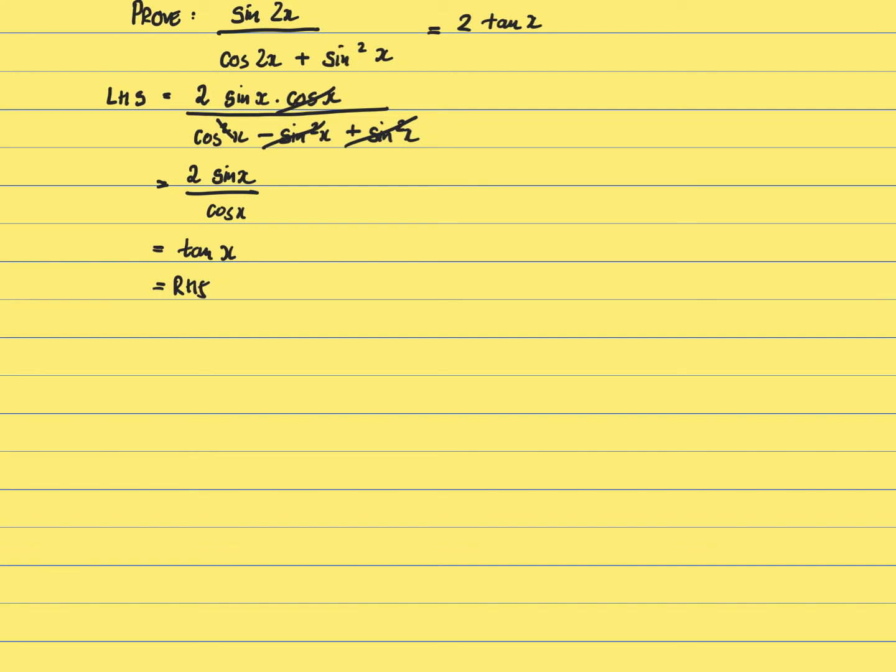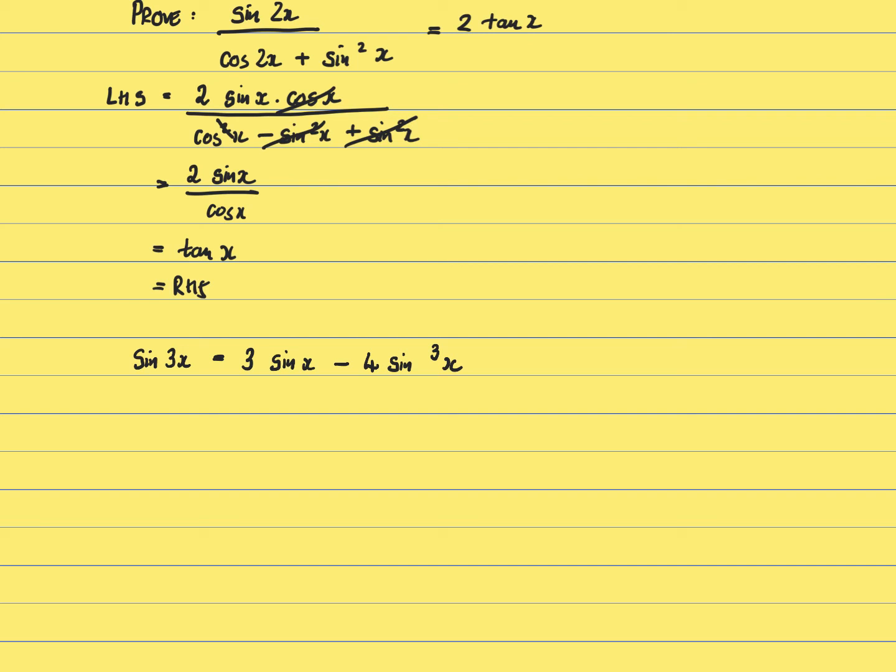Okay, let's do another one. This one, they want me to prove that the sine of 3x is equal to 3 sine x minus 4 sine cubed x. Both sides look fairly difficult to me.